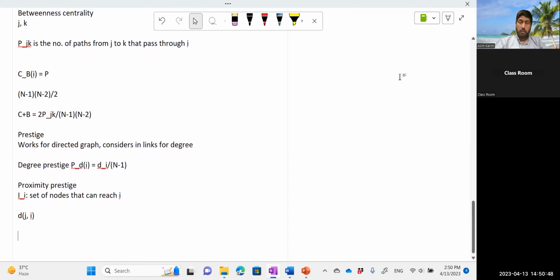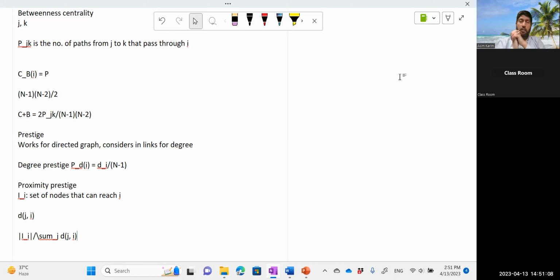We can simply calculate that as the set size I sub I divided by the sum over all nodes j, not equal to I, of d(j, I).